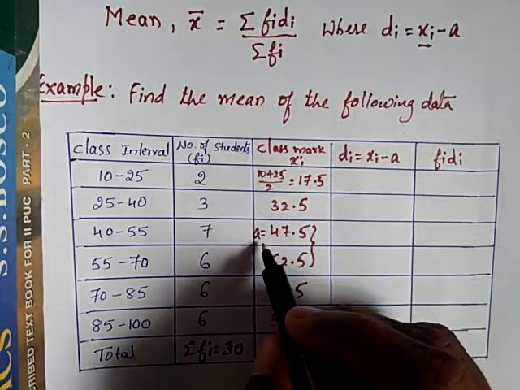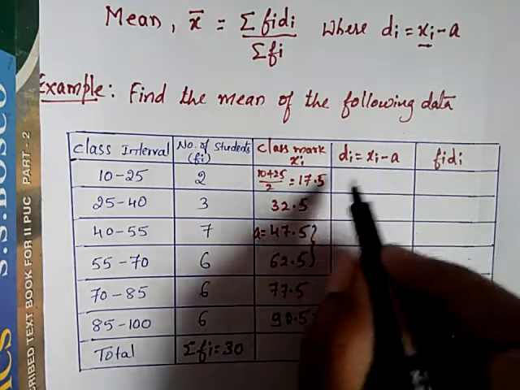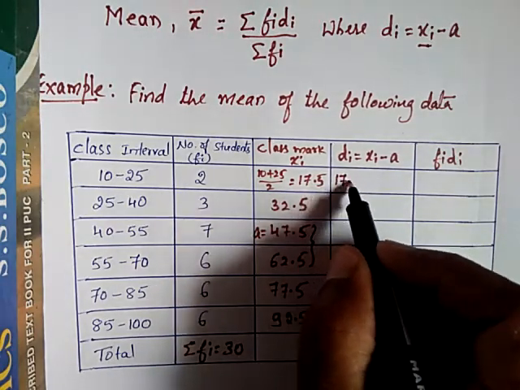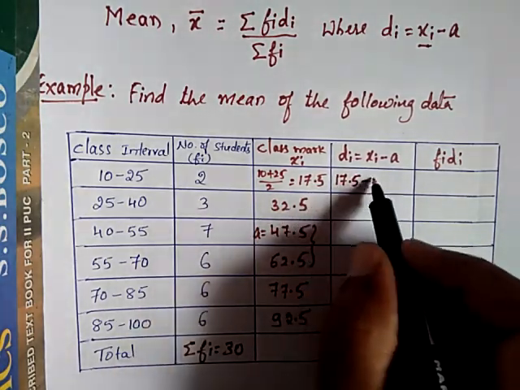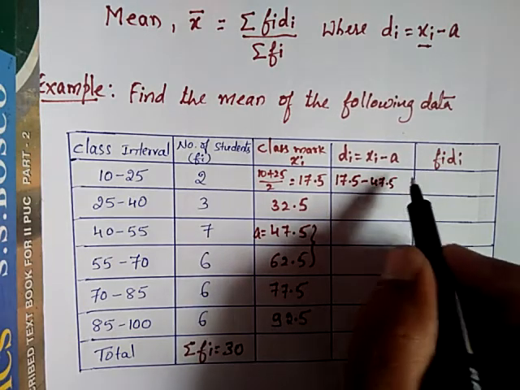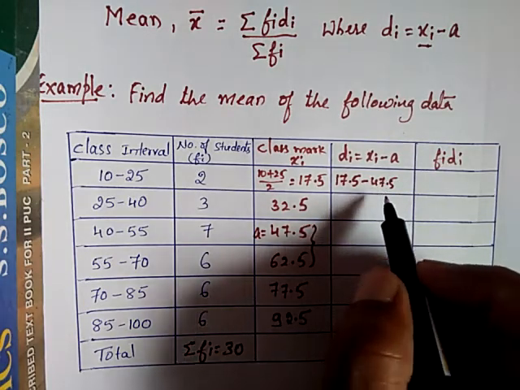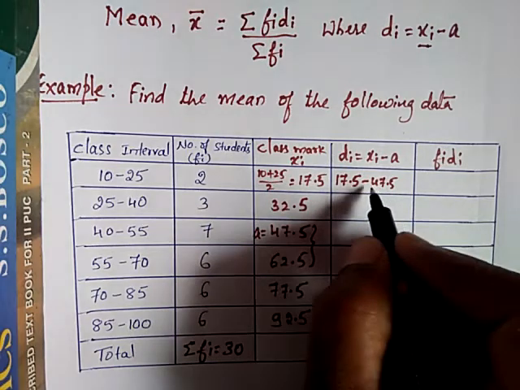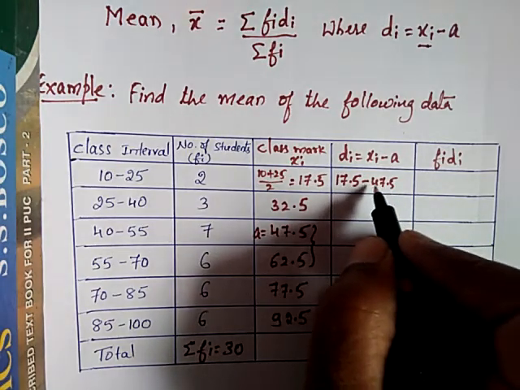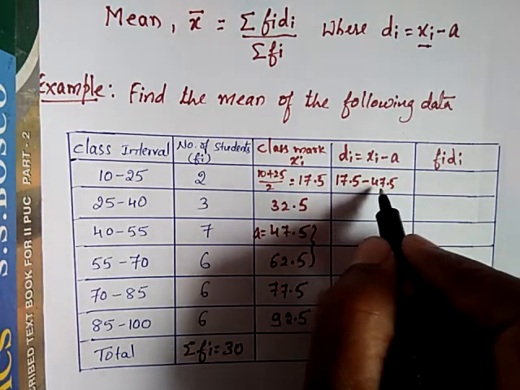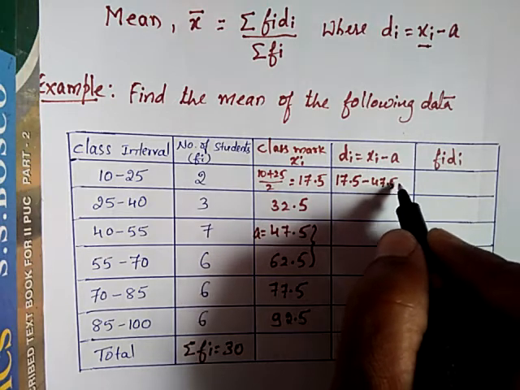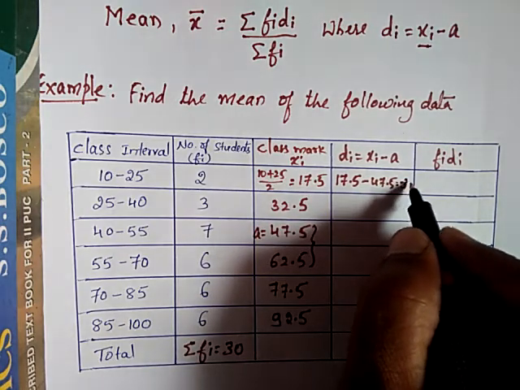Here it is even, so I will take a as 47.5. What is xi here? 17.5. What is a here? 47.5. If you subtract, you will get minus 30, because 47.5 is bigger and has the minus sign. This is equal to minus 30.